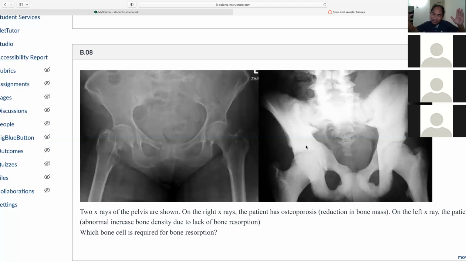When the ray is going through the body, tissue will impede the ray. And depending on how dense it is, if it is not dense, like air in the body, it will not impede the X-ray. And therefore, the X-ray will turn the film black.